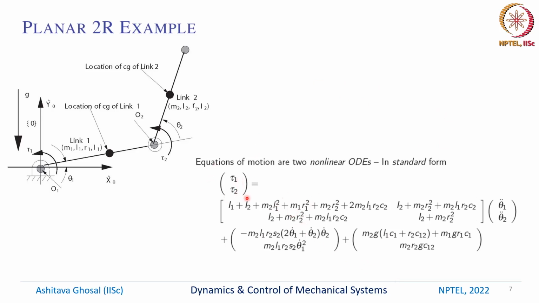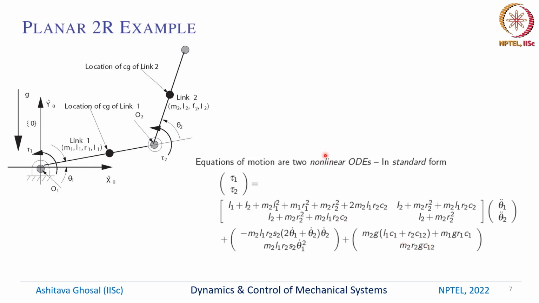So we have tau 1, tau 2, some matrix into theta 1 double dot, theta 2 double dot, and then this Coriolis and centripetal term which have theta 1 dot square and theta 1 dot theta 2 dot and so on, and then the gravity term which contains m2 g L1 C1 plus L2 C12 and so on. So functions of angles theta 1 and theta 2 as a function of time and gravity.